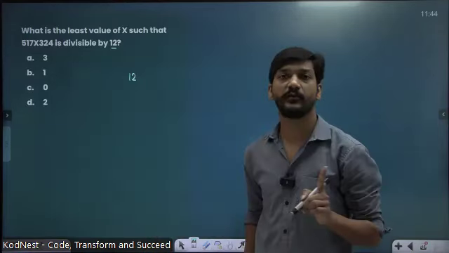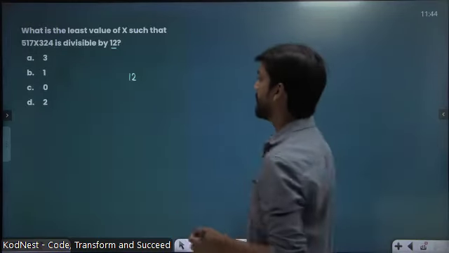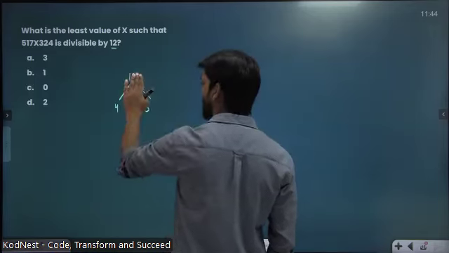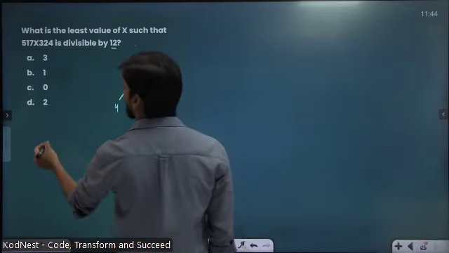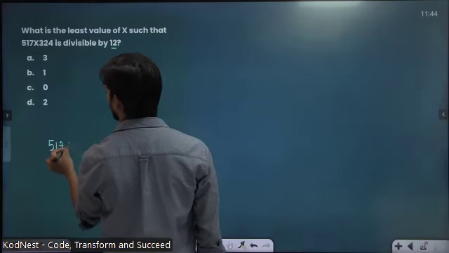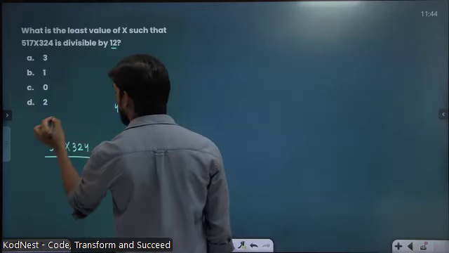Which two numbers will give you the guarantee for 12? 4 and 3. So don't divide with 12, divide with 4 and 3. Okay, I'm writing the number. I'm checking with 4 first because it's easy.